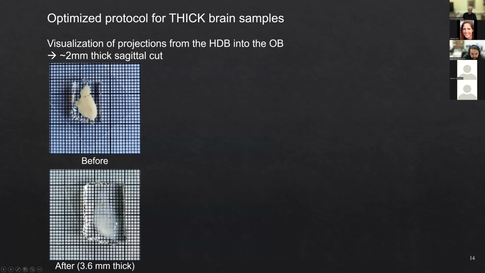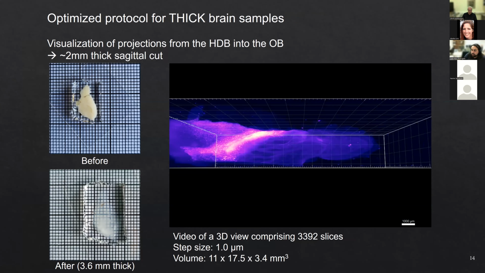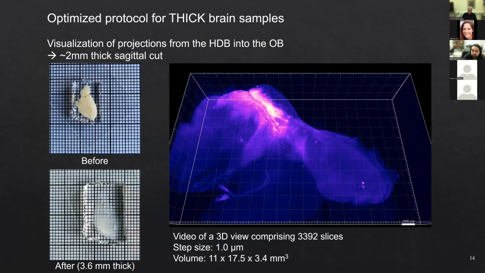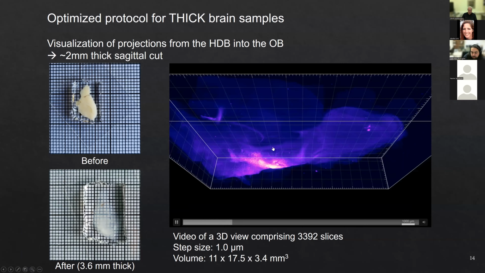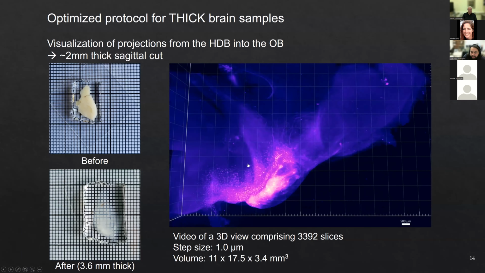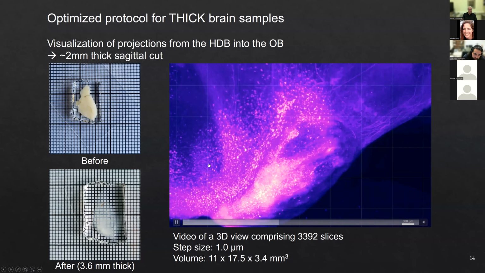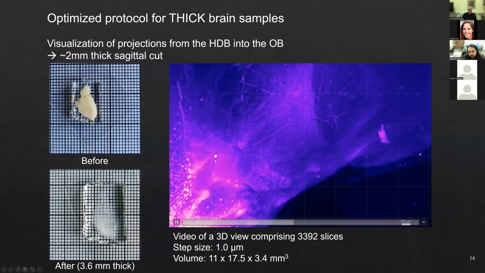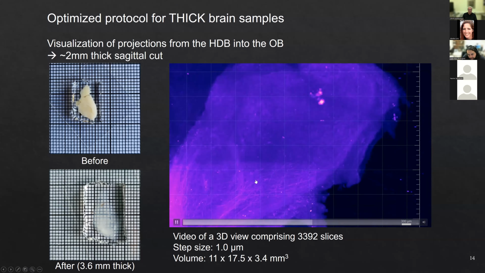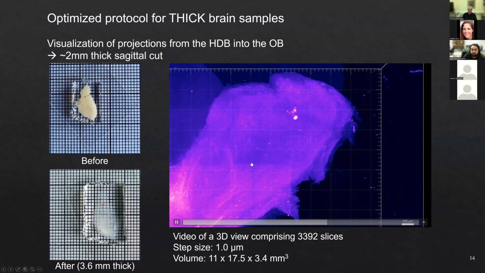Okay, this is the lower part of the brain, where the HDV and the olfactory bulb are. And here is an example, right? A mesoscopic image of this mouse brain sample that was injected in the HDV area. Here we can see where the injection site is and how the projections are going into the olfactory bulb.